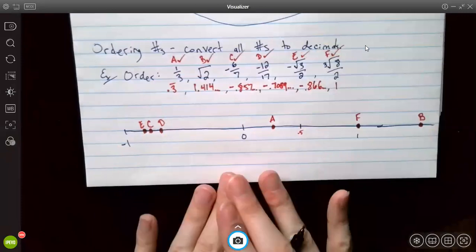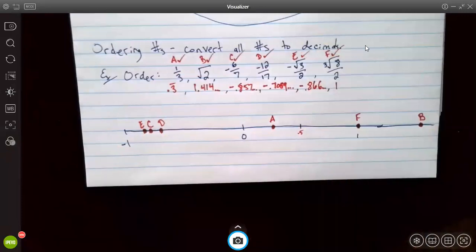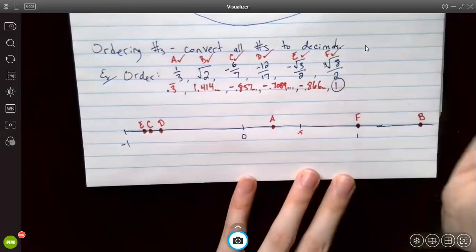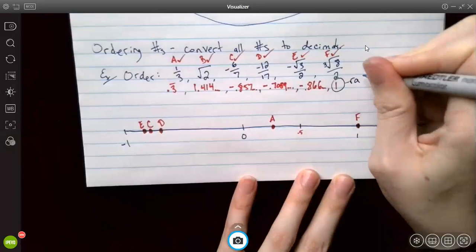Okay, this is what it would look like if it just told you to order the numbers. Now, if it told you to order only the irrational numbers, then you would cancel out any of the ones that are rational. So our rational numbers in this case are our whole number here, so that's rational.